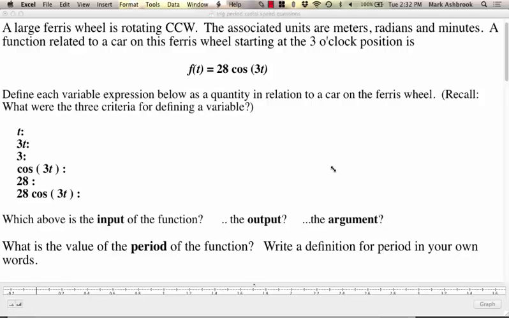Good, you guys are doing it. What quantity is 3t? Angle measure, right? Angle measure.